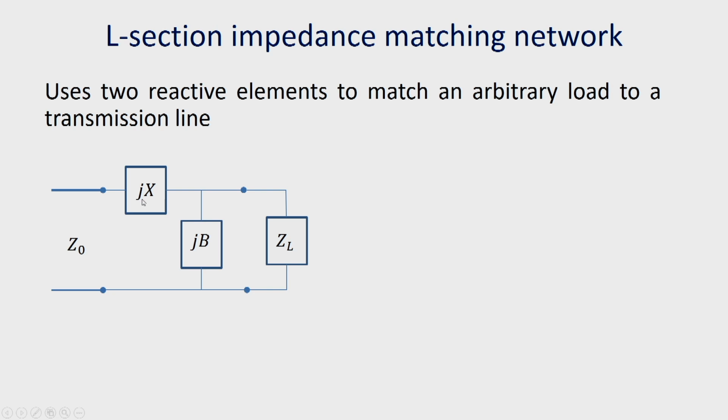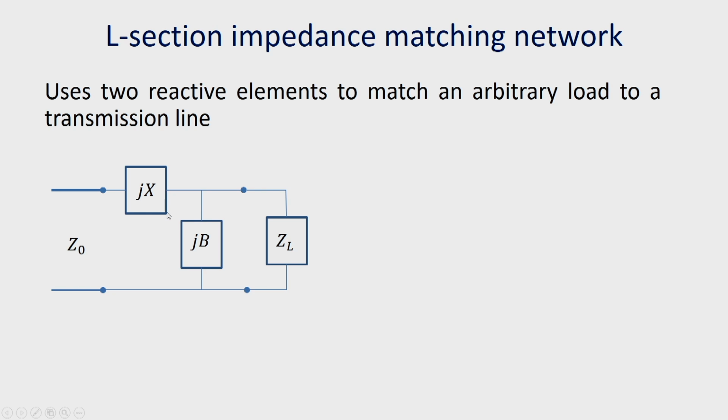We have a series element jX and a shunt element jB. Depending upon the lumped element used, this can be an inductive element, it can be a capacitive element. Similarly, here also we can use an inductive or a capacitive element.